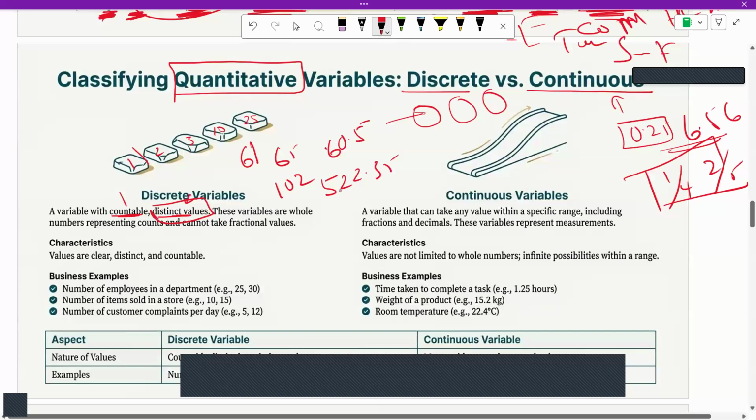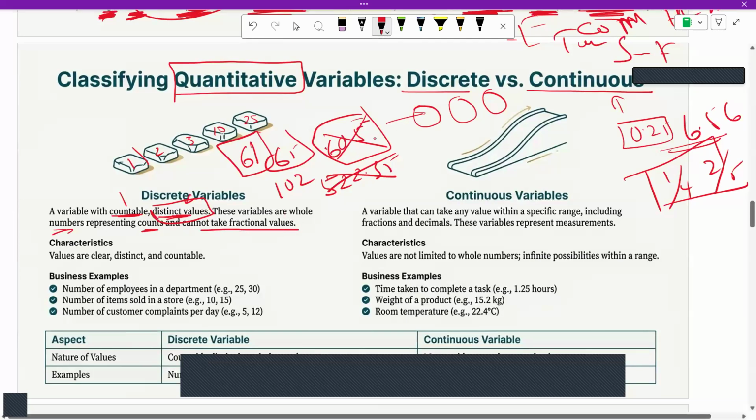We cannot say that. So it should have a distinct value, a full number, and it never takes this kind of fractional values. These variables are whole numbers representing counts and cannot take fractional values.